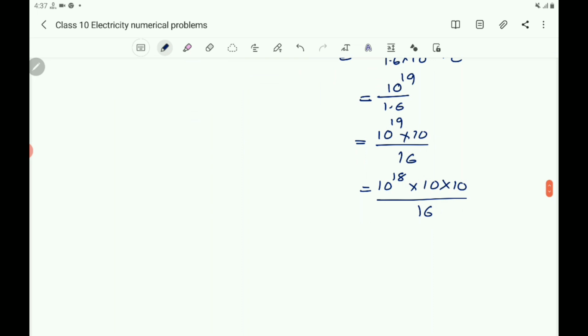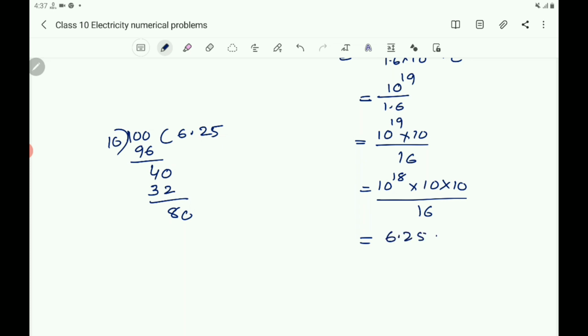So you divide: 10 into 10 is 100, 100 by 16. 16 sixes are 96, 4 is remaining. Then you take the point, 16 twos are 32, 8, 16 fives are 80. So you'll get 6.25 into 10 to the power of 18.